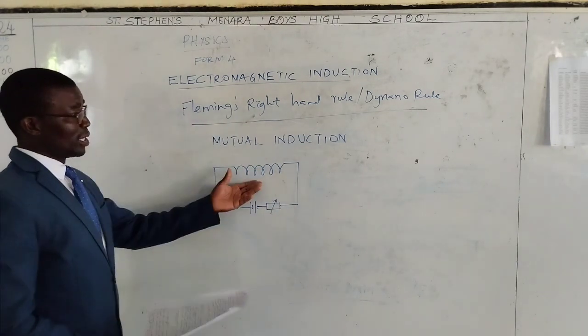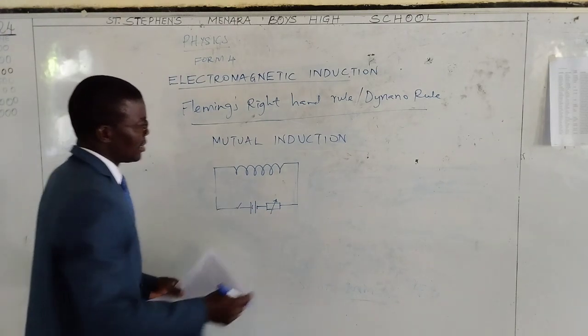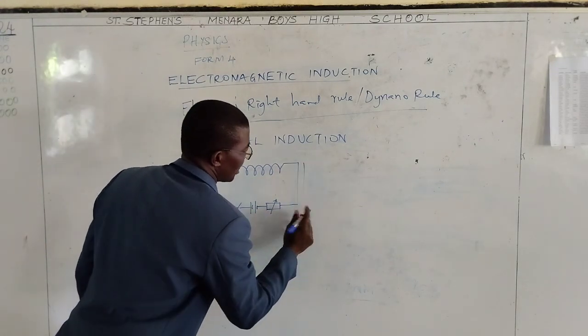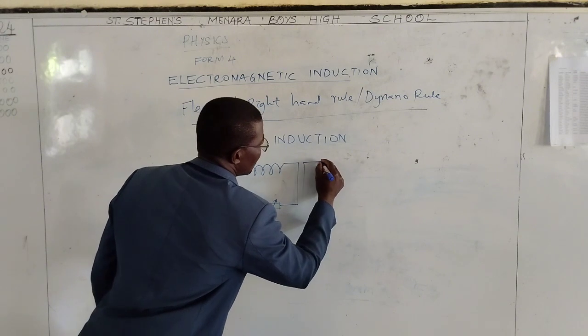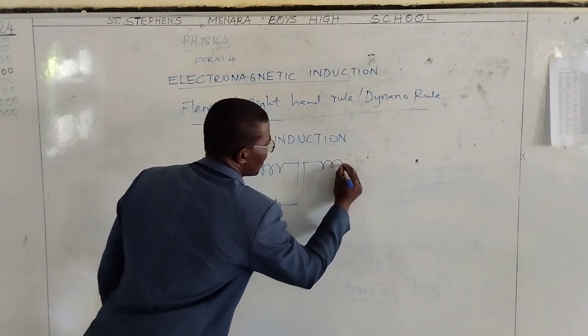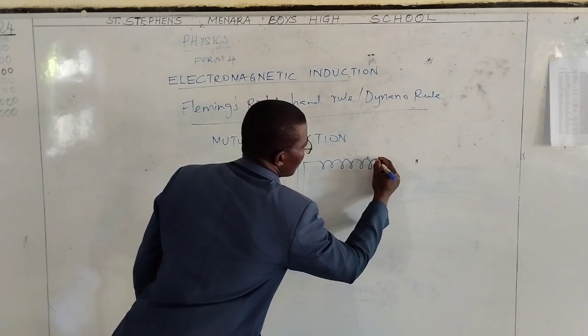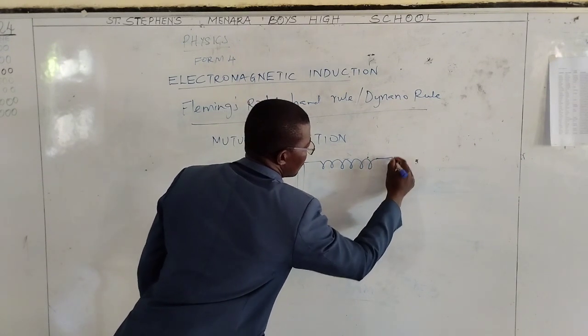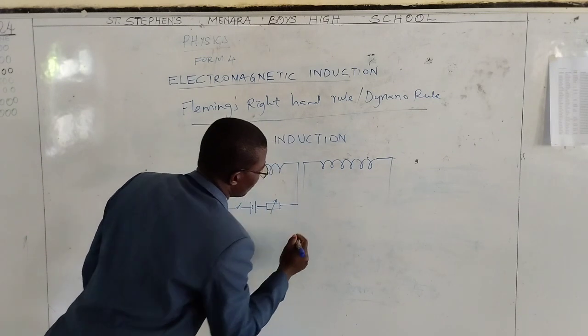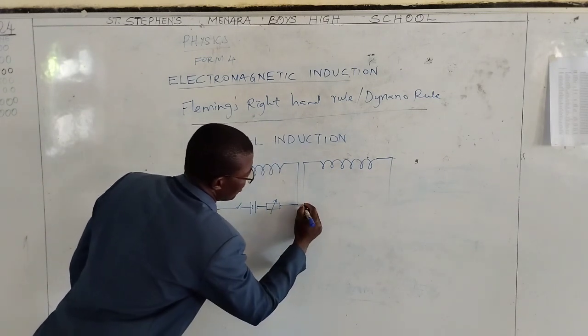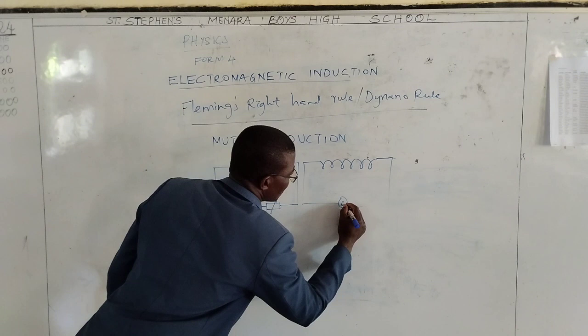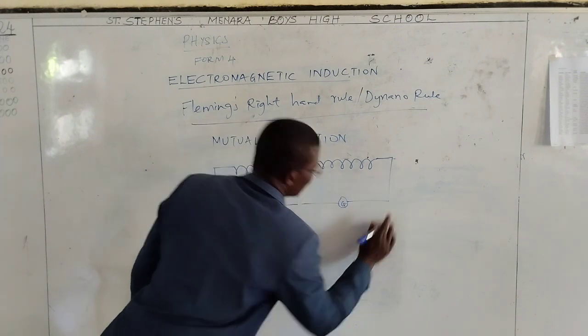This is the input coil called the primary coil. Then we have an adjacent coil called the secondary coil. To prove that current is flowing in this other coil, we have a galvanometer connected to it.